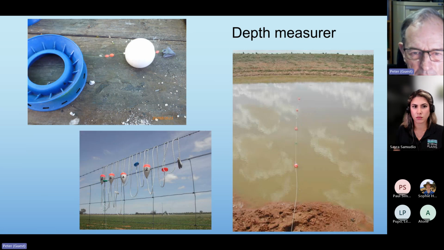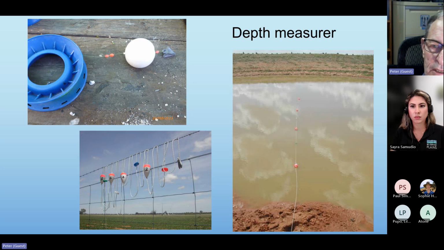That might sound complicated as I'm explaining it, but you can ask Sarah how to do it. There's a bit of instructions on that, and you can get those for free from Sarah to be able to measure your dam.